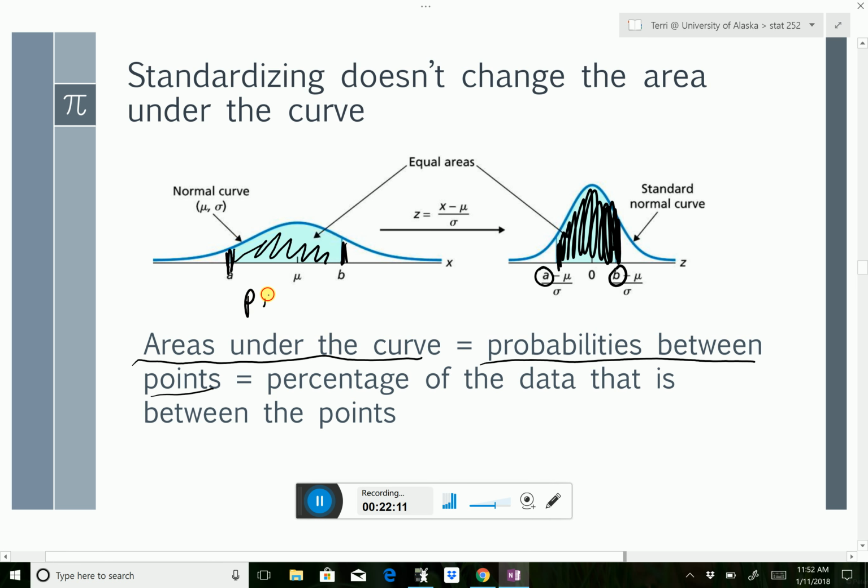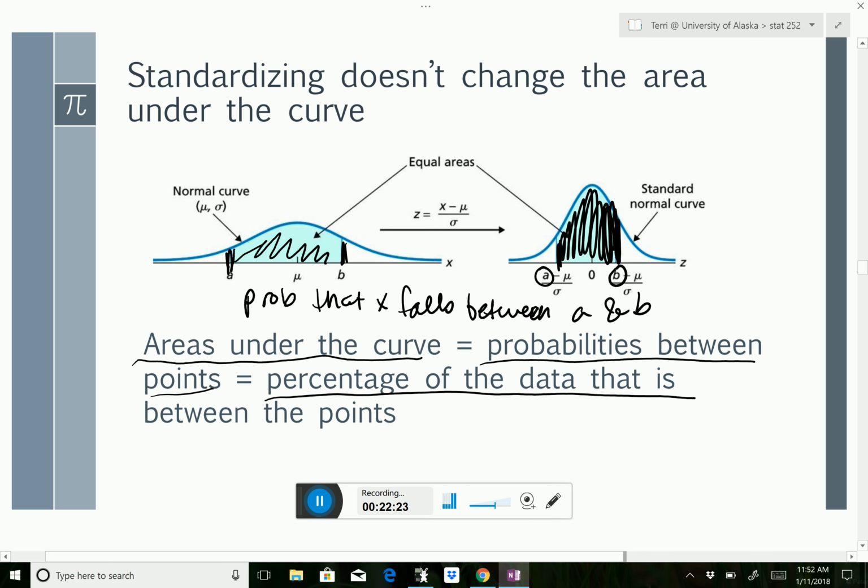So this is the probability that X falls between A and B, or the percentage of the data that is between the points. So the percent of all X's that lie between A and B can be found using this area or this area, since it's exactly the same.